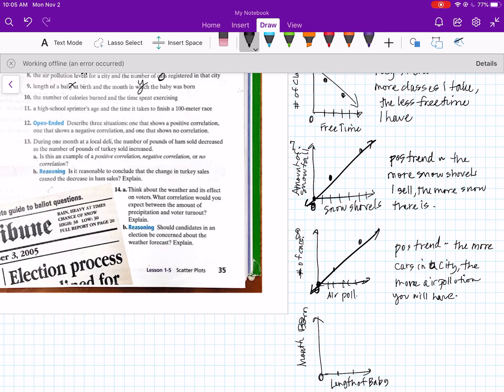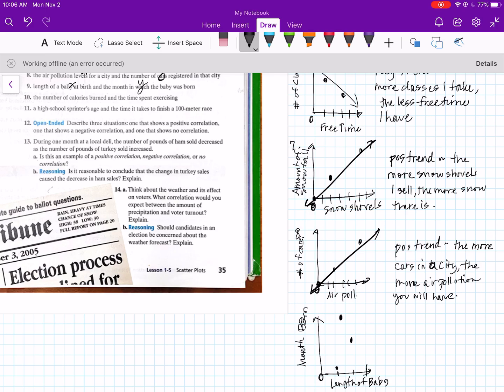So say we've got here, this baby was about 19 inches, so kind of down from 0 a little bit, and they were born in January, so we'll put January here. This baby was 20 inches, and they were born in July. This baby was 19 and a half inches, and they were born in December.